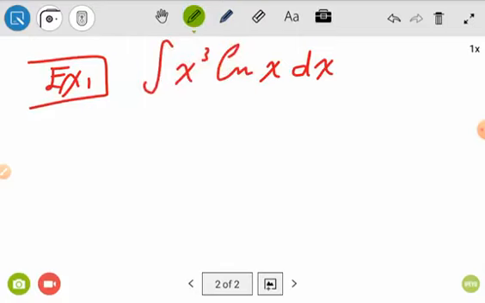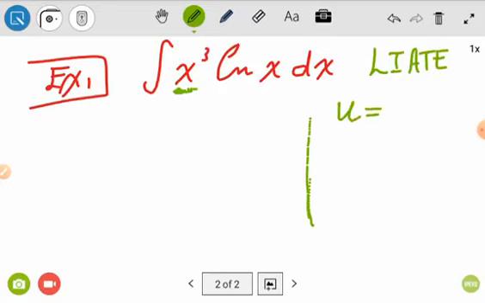First of all, we will let the first here be u. No, wait, mister, you said for us to follow the word LIATE, and we said L stands for what? L-I-A-T-E. So to choose your u, who comes first here?